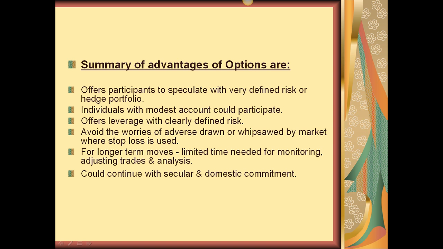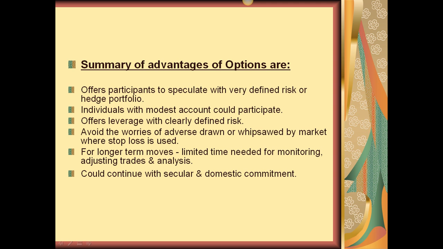You would not have to worry too much about adverse drawdown in a whipsaw market or being stopped out prematurely. Many times you could identify a correct trade, enter, and be out by a few days or a week or two, or maybe even a month, during which time the market would continue to oscillate, and in a normal situation you might have a stop and this could take you out.